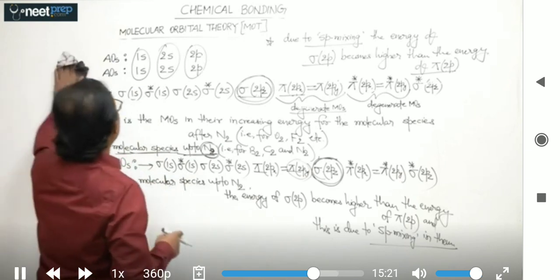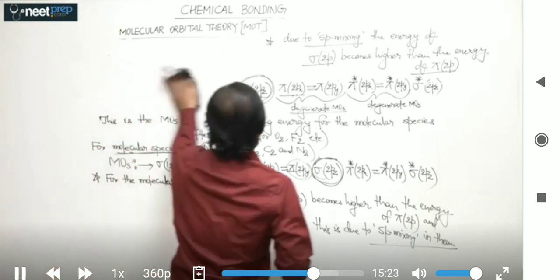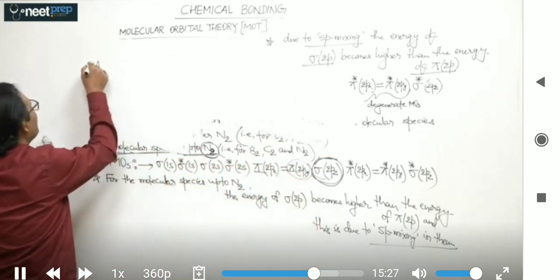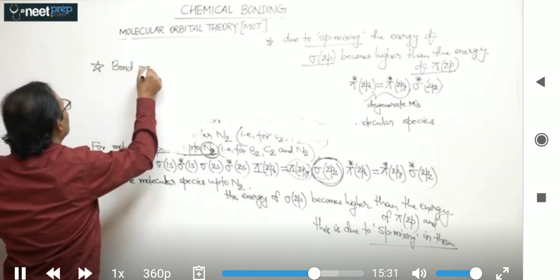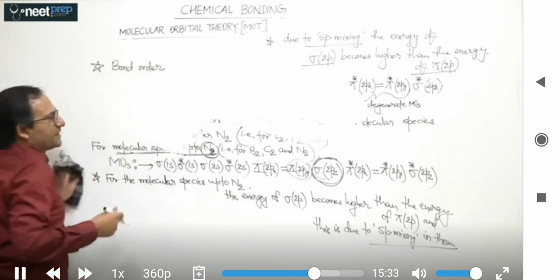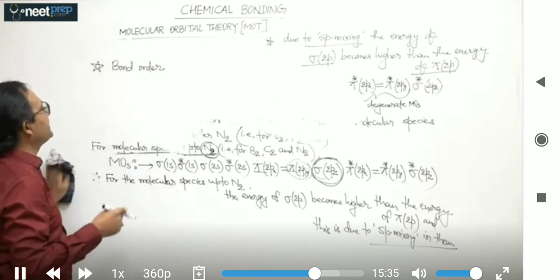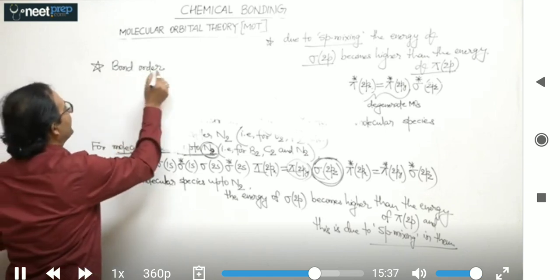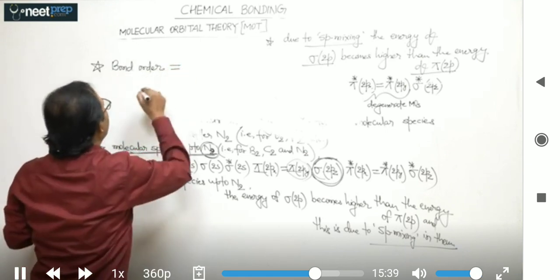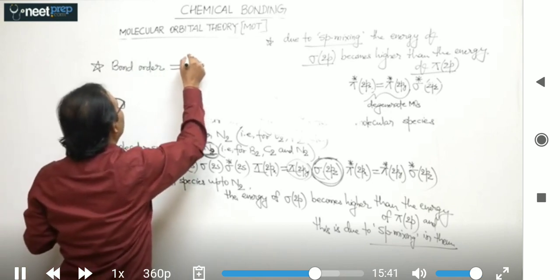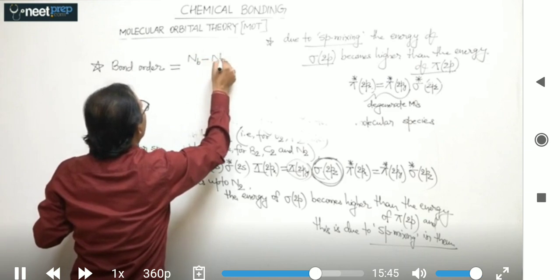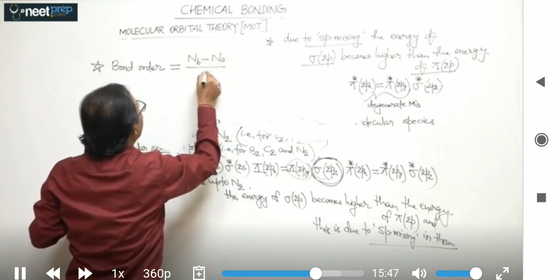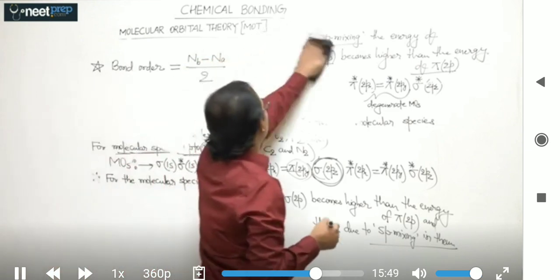Now, one point more here. Bond order, that is bond multiplicity between two atoms. Bond order is calculated by using this formula: Nb minus Na upon 2.